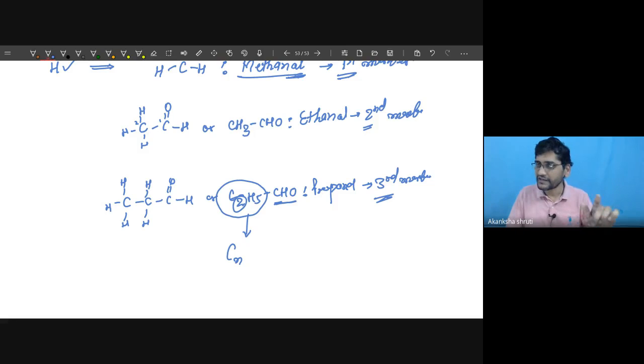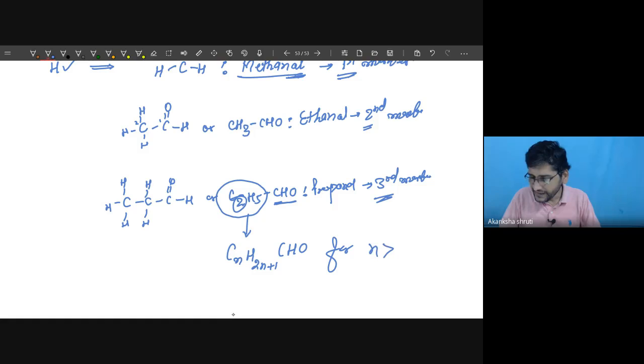Whatever the n we are taking, CnH2n+1CHO. If we are considering this structure, then from where should this n start? For n greater than or equal to 2? From here we shall start.